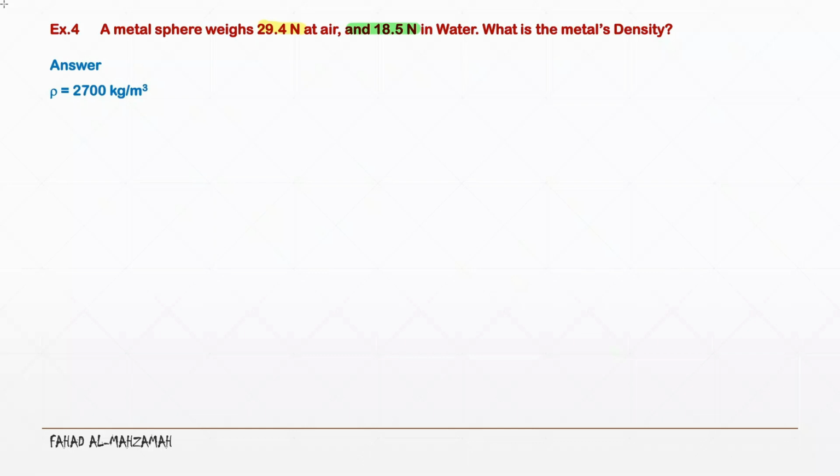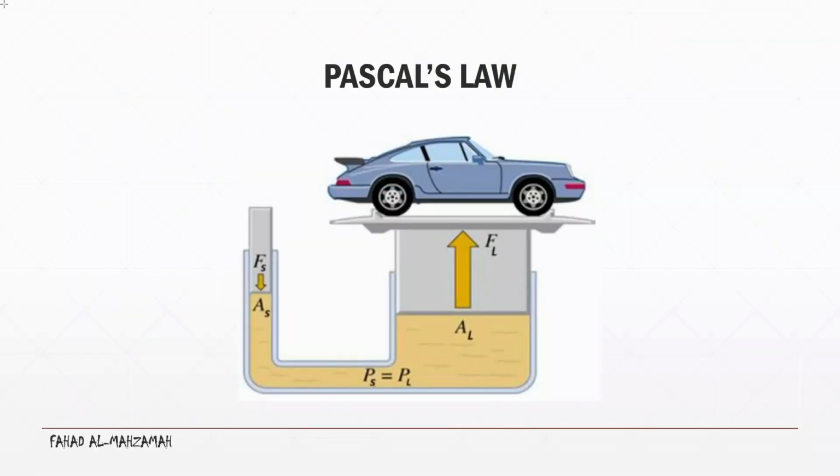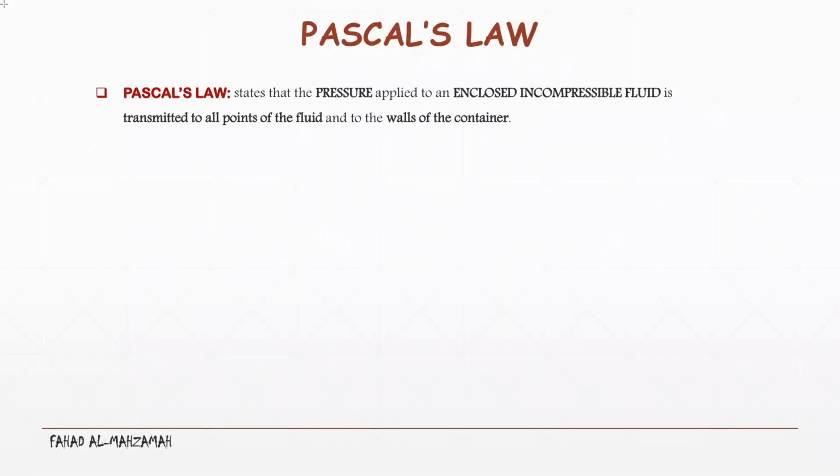Let's go to Pascal's law. Pascal's law is very easy. The scientist Pascal discovered the law that is greatly used now in hydraulic systems, especially in the hydraulic press, as you have seen. He said that the pressure applied to an enclosed incompressible fluid, enclosed meaning confined, so if you press it from one side it cannot escape to some other side.